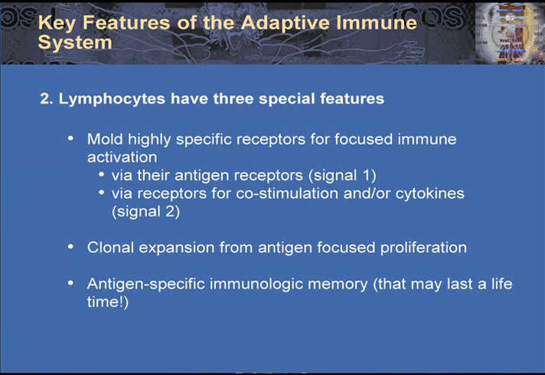So this is the two-signal model of lymphocyte activation. And this, when successful, results in clonal expansion for an antigen-focused proliferation. And the result of this is not only to combat the threat, but also there'll be the generation of antigen-specific immunologic memory. And some of these lymphocytes may be banked away to help protect for future threats throughout a lifetime.